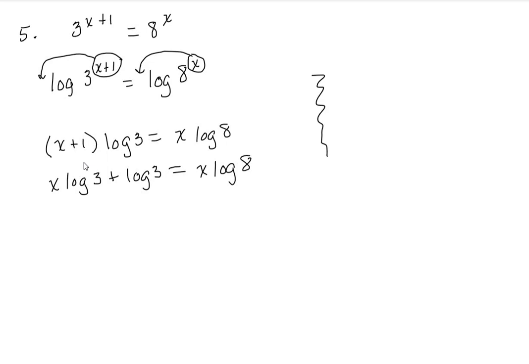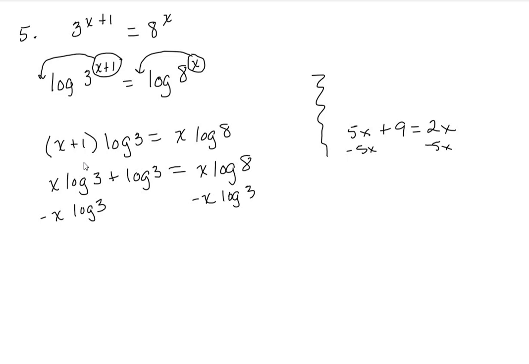Now, just like if you had a linear equation, let's say I had 5x plus 9 equals 2x, I'm going to get the x's together and I'm going to subtract 5x from both sides. That's what I'm going to do here. I'm going to get these x terms together, so I'm going to subtract x log 3 from both sides of my equation.